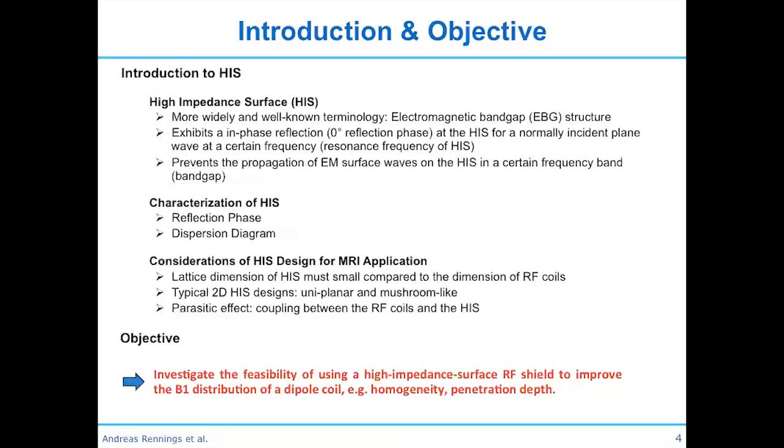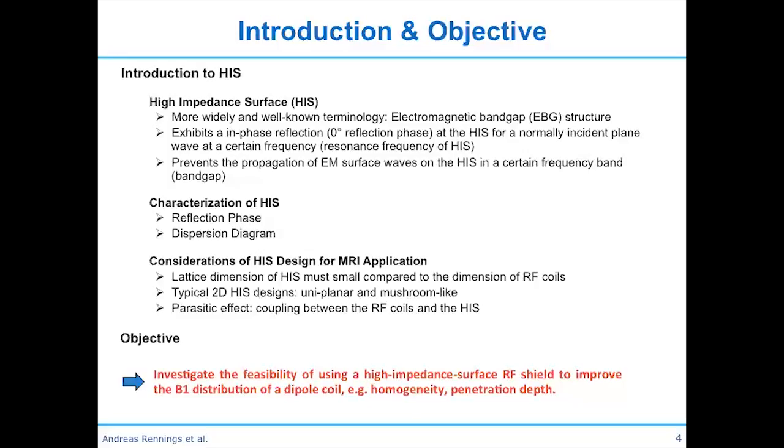There are at least two typical HIS designs out there. One is called the uniplanar one, and I will focus on that one, and the other, more original one is the so-called mushroom-like topology. And if the unit cell is getting too large, you get some parasitic effects. We will see that later on in the talk.